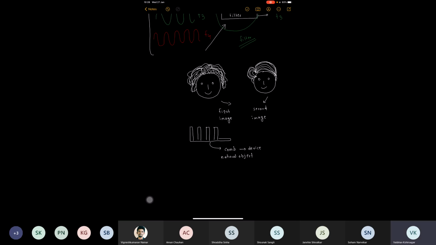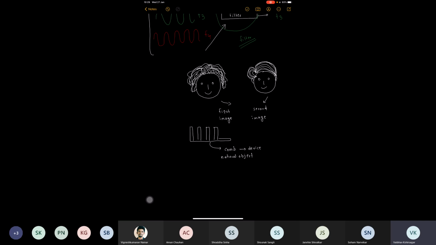Here the filtering process refers to the operation of organizing the hair of a person. I want to illustrate the concept of the filter circuit in a non-technical way. You can consider the comb as a filter device, which, when used over the unorganized hair of a person, organizes the hair in a nice way.